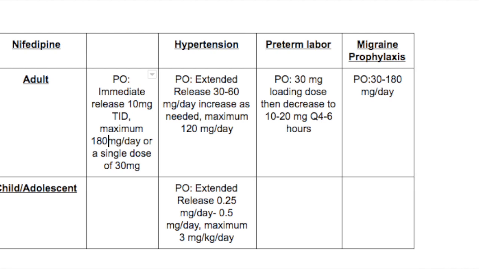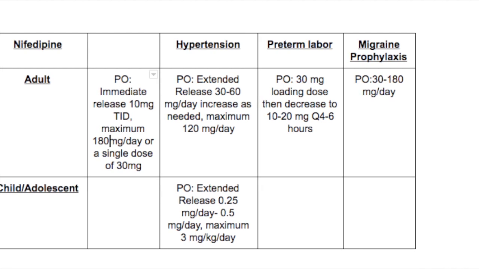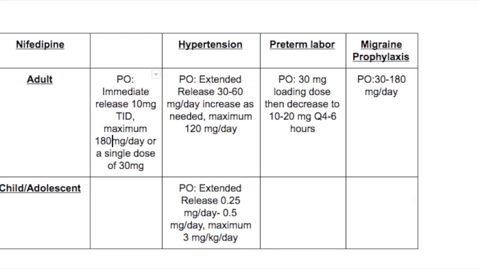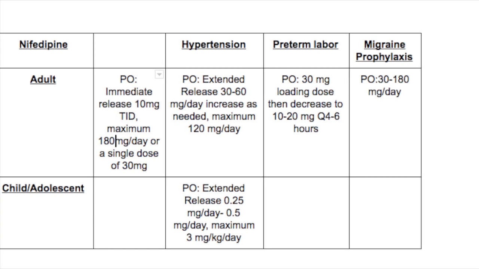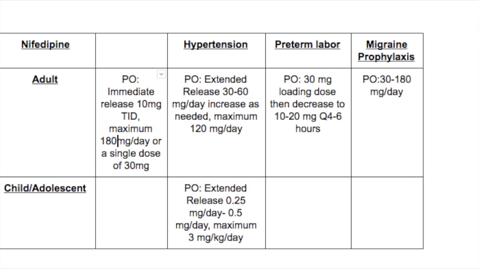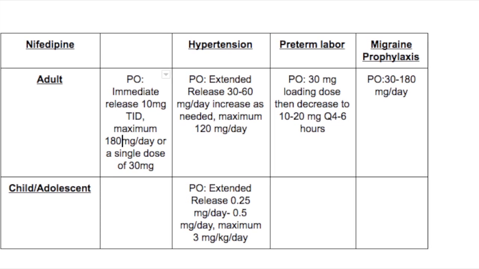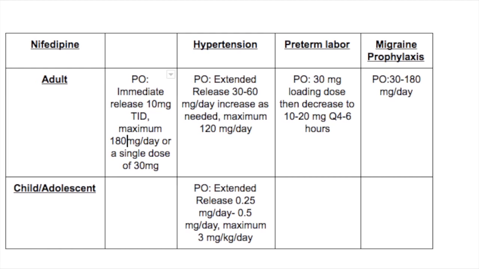The dosage for an adult for an oral immediate release is 10 milligrams 3 times a day. The maximum dosage is 180 milligrams per day or a single dose of 30 milligrams. For a sustained release capsule, it's 30 to 60 milligrams per day. However, the maximum is 90 milligrams per day.